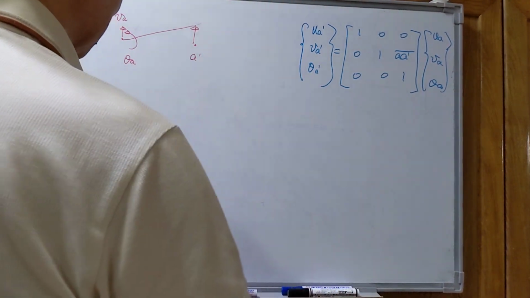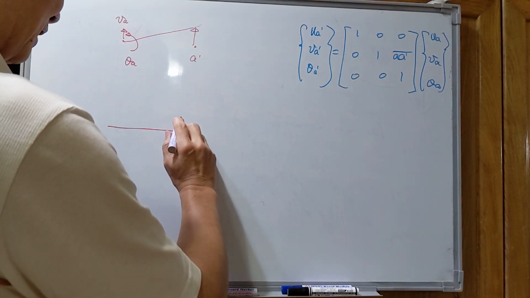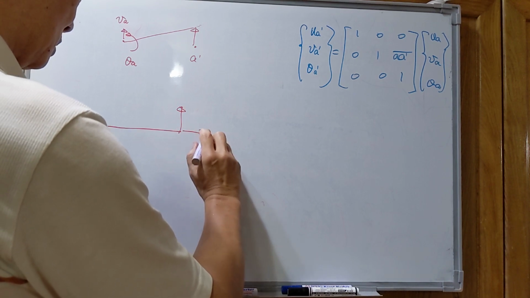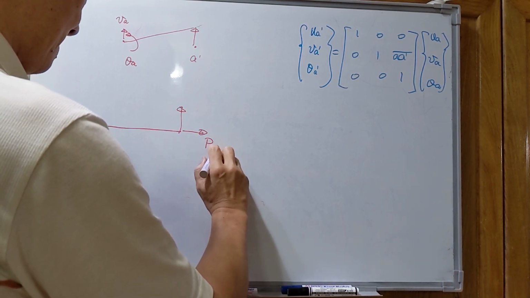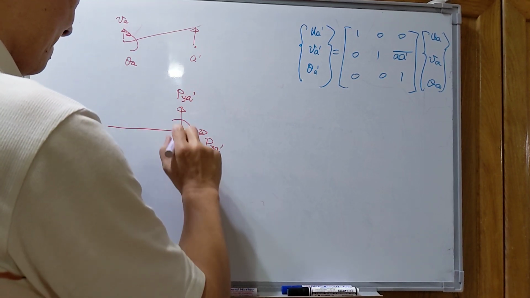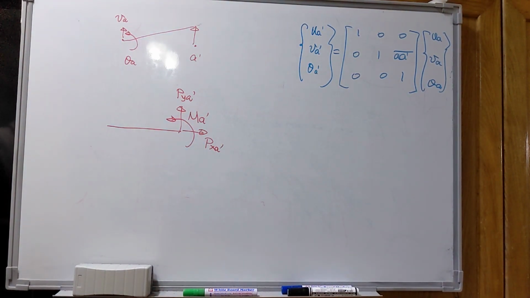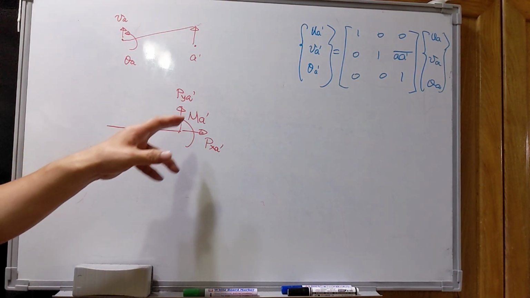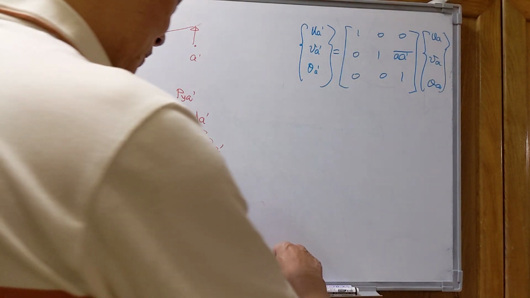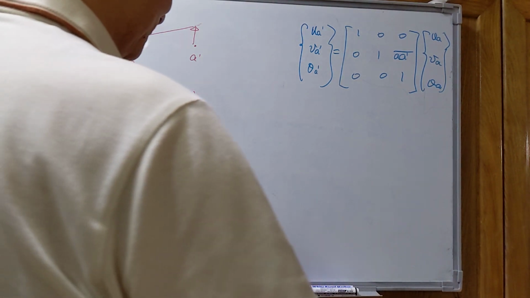Okay, let's say we have the force. If we know the member end force at the A prime, then what will be the equivalent force system?